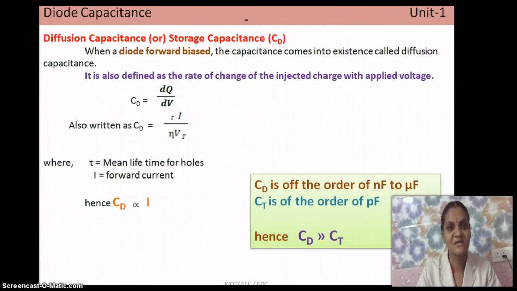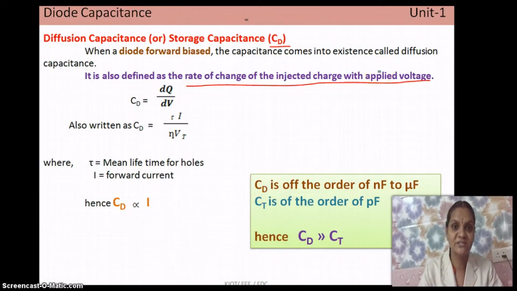Next is diffusion capacitance, otherwise called storage capacitance. It is represented by C suffix D, D standing for diffusion. This is the opposite: it is the capacitance existing in the diode under forward biased condition. There is another definition for this: it is the rate of change of injected carriers with applied voltage, how the injected carriers increase with respect to voltage.